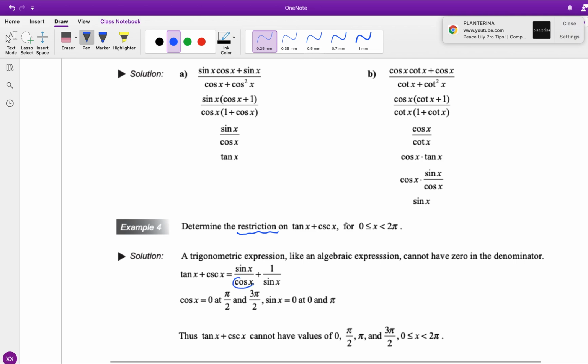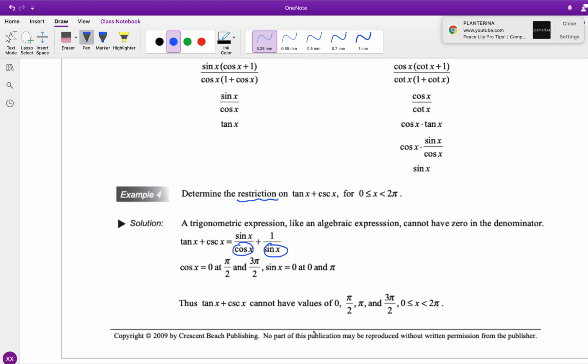And none of these two denominators can be 0. So your x cannot be pi over 2, because cosine is 0 at this point. Sine is 0 at this point and this point. So we have these values that cannot be within this 0 to 2 pi range.